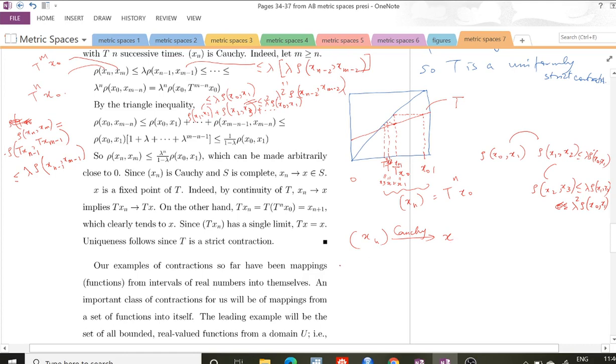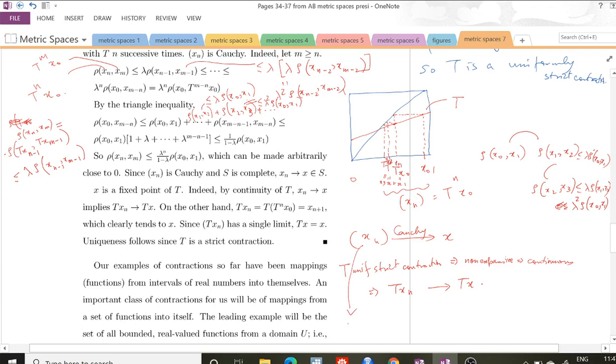T is a uniformly strict contraction, so that means it's obviously non-expansive. It's more than non-expansive. That means it's continuous. So that means Txn converges to Tx. But note that Txn is really the sequence xn in some sense.